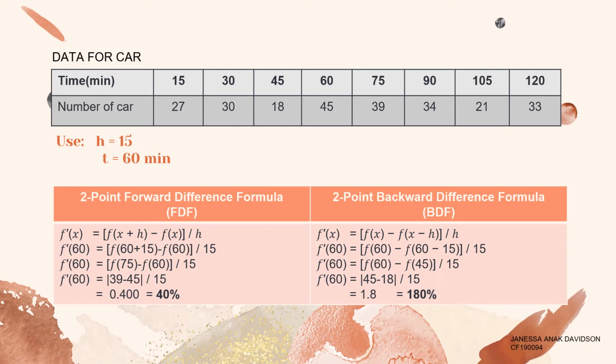The next one is the 2-point backward difference formula, BDF, which is f prime x equal to f of x minus f of x minus h, over h. And we can insert the values of x and h. The result for this formula is 180%.